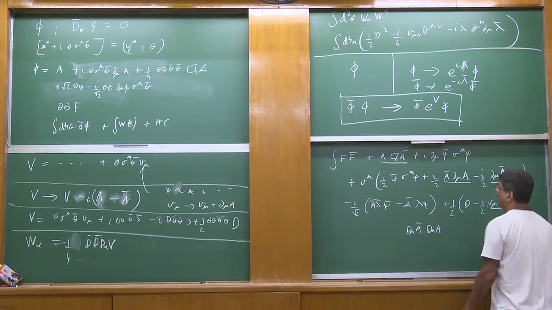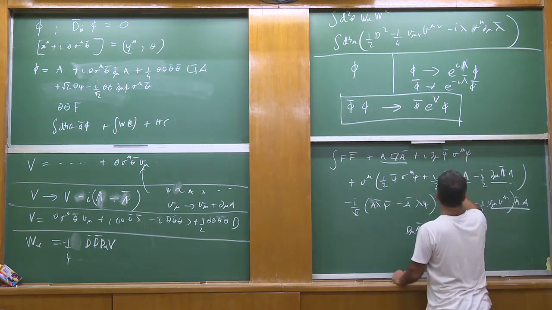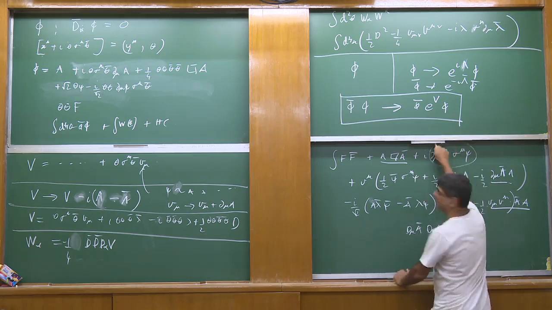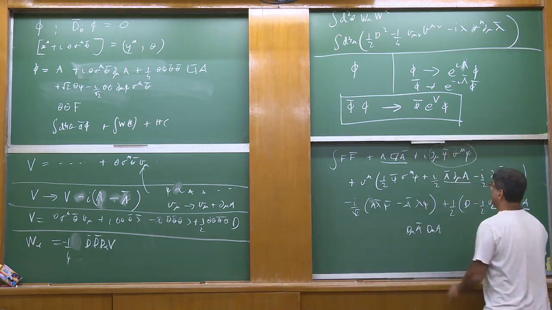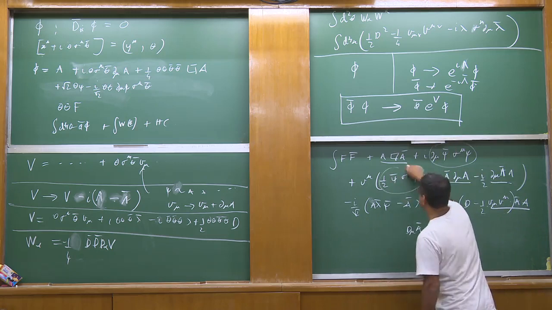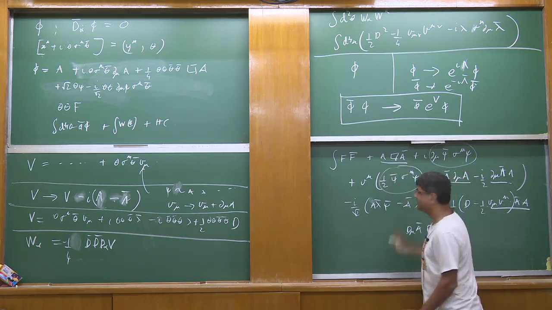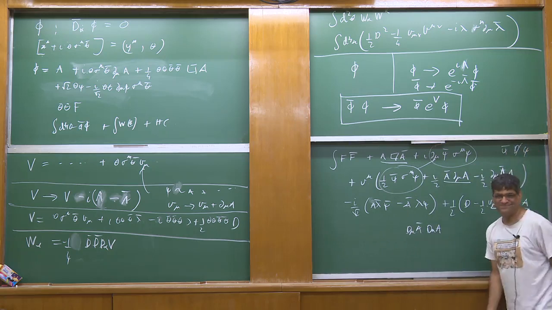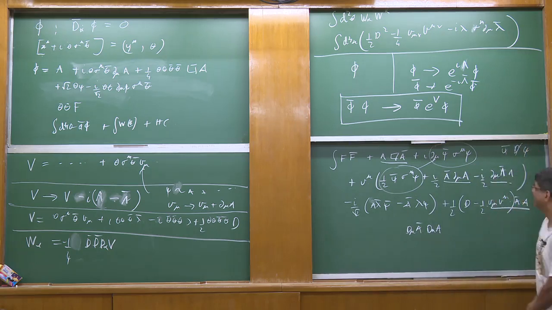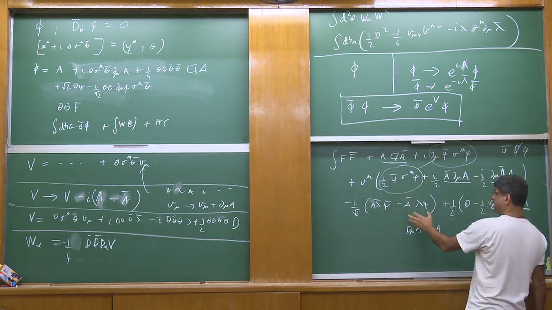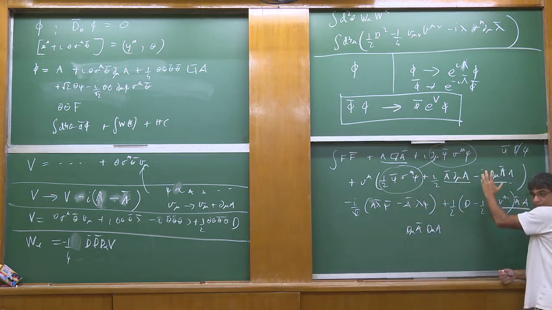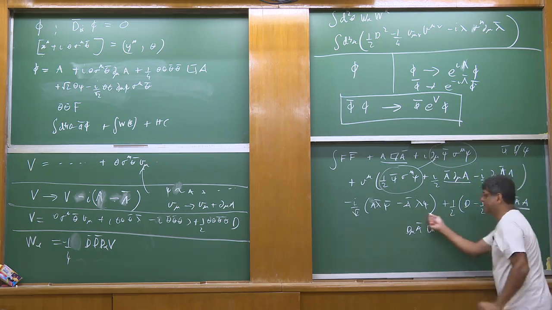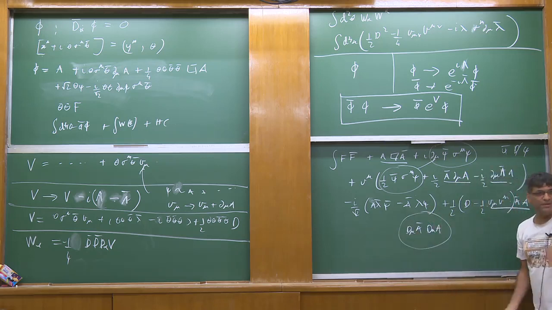On the other hand, this guy, which is the standard kinetic term for psi, combines with this guy, obviously, to become psi bar del slash psi. So what's happened is that the matter field, the scalar part, has become its usual kinetic term with minimal coupling.